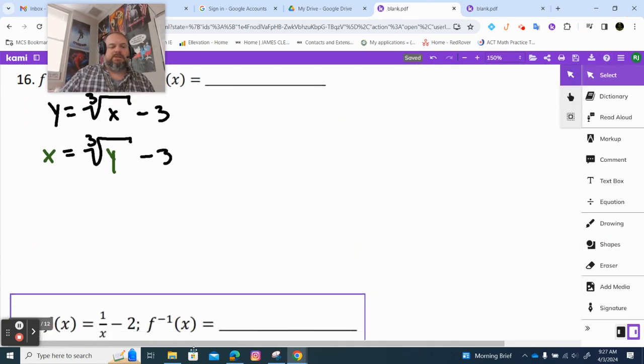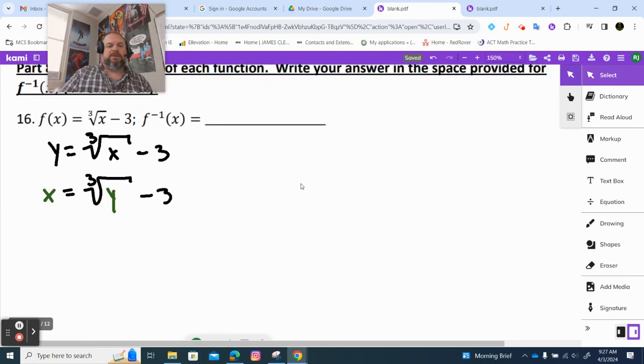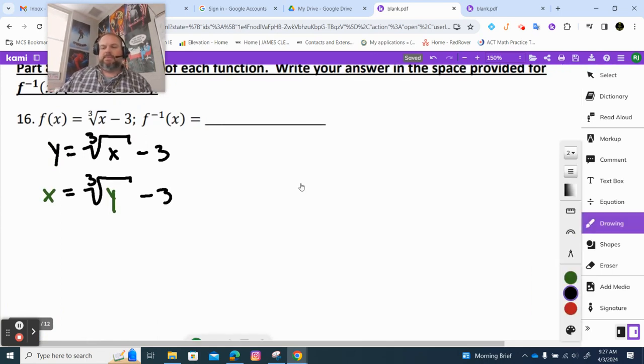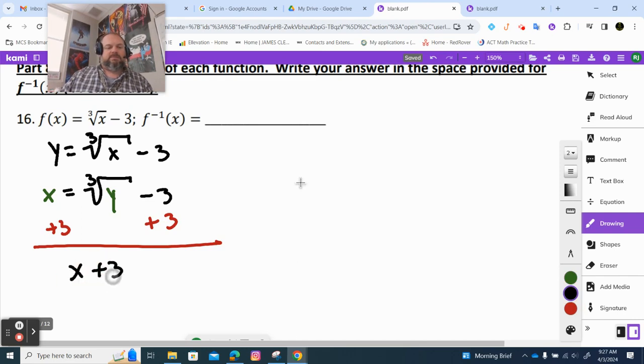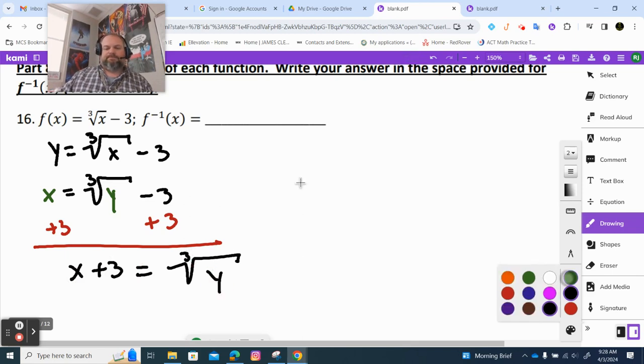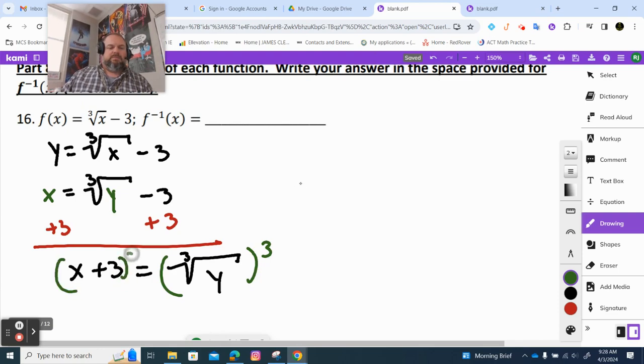Only thing I am changing is giving us more room to work right here. All right. So I'm going to add 3, add 3. So I'm going to have x plus 3 equals y. Now I'm going to cube both sides.